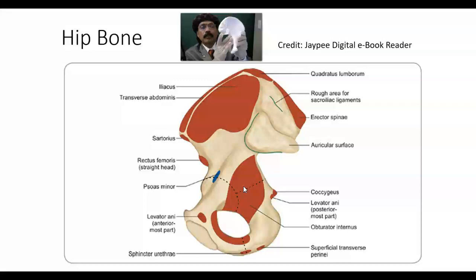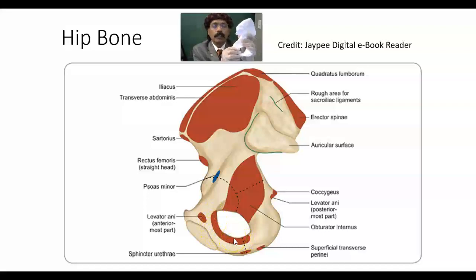Okay, so from the entire part from here, we're getting up to the obturator foramen. This is the obturator foramen. Up to this level, this red area indicates the origin of the obturator internus, including this part, the margin of the obturator foramen.